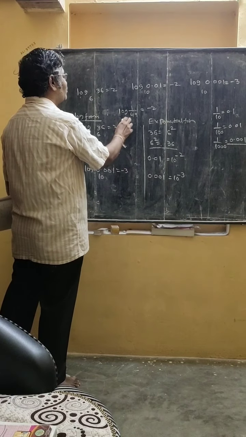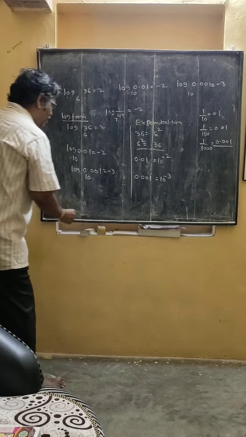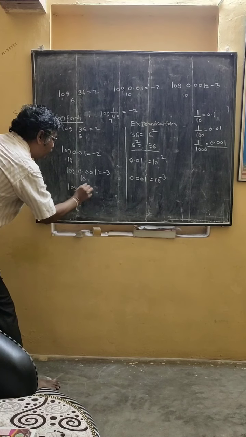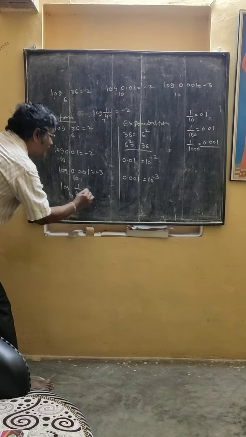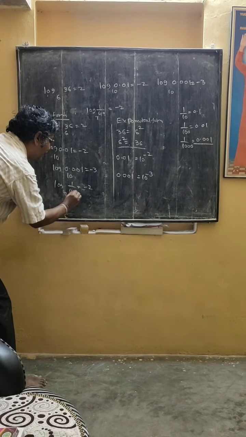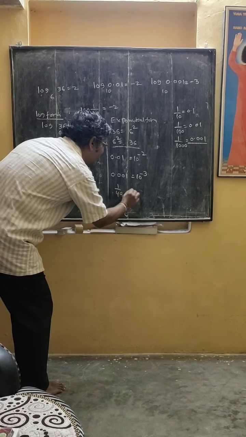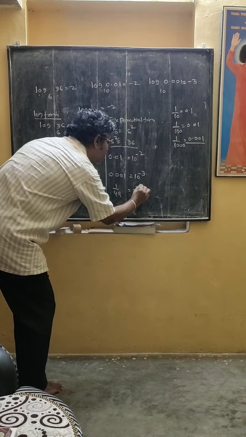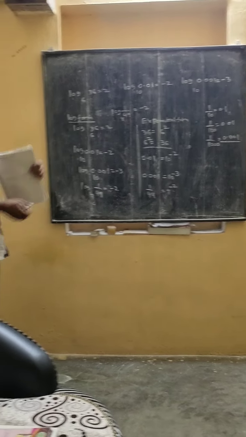And this one. Log 1 by 49 to the base 7 is minus 2. How can you write this one? 1 by 49 is equal to 1 by 7 square, that is 7 power minus 2.